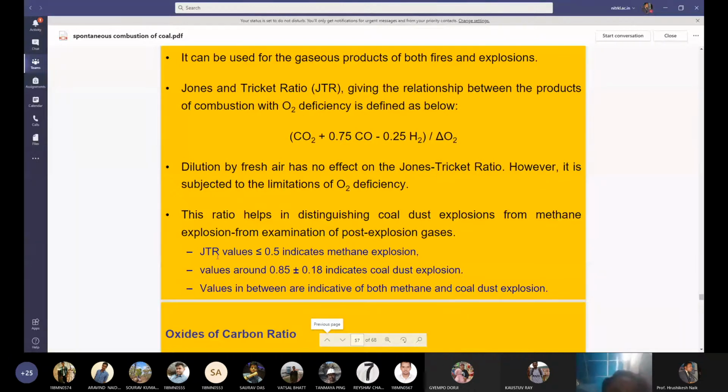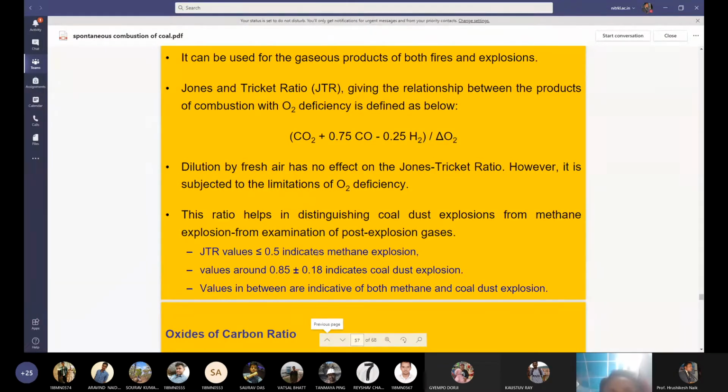If the JTR value is around 0.85 plus or minus 0.18, it indicates a coal dust explosion.